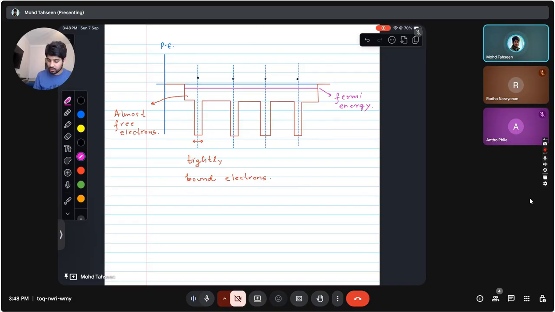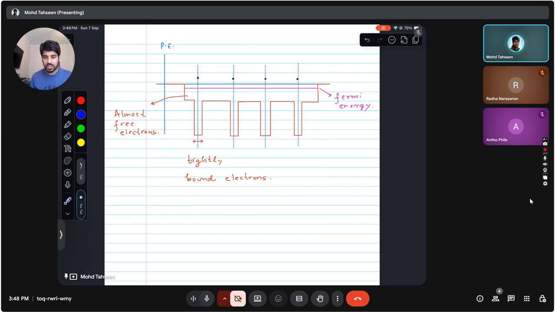Right? At absolute zero, the highest occupied energy level, that is the Fermi energy level. So that would lie in this region, because Fermi energy is not such that the electrons present inside it do not feel the effect of positive ions at all. We have seen the plots.